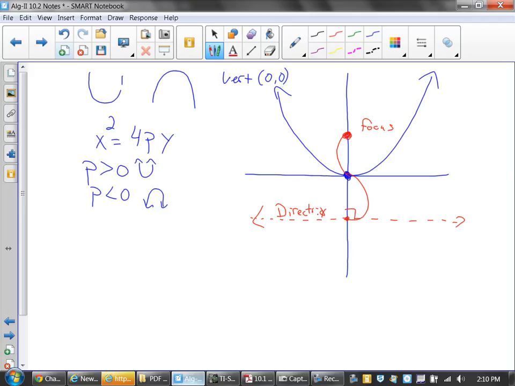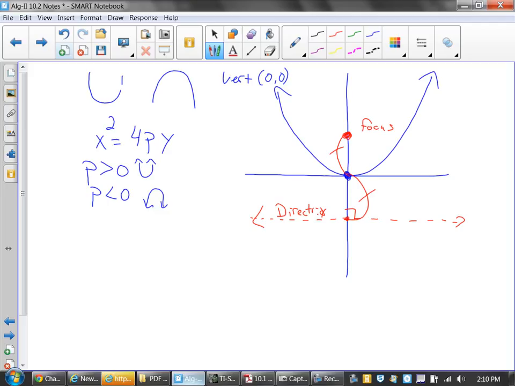So if my axis of symmetry for an up like a cup parabola is always x equals a number, the directrix will have an equation of y equals a number. These two distances will always be the same. If the focus is 2 spots above the vertex, the directrix would be 2 spots below. The directrix is always behind the vertex. Think of it as a counterbalance.